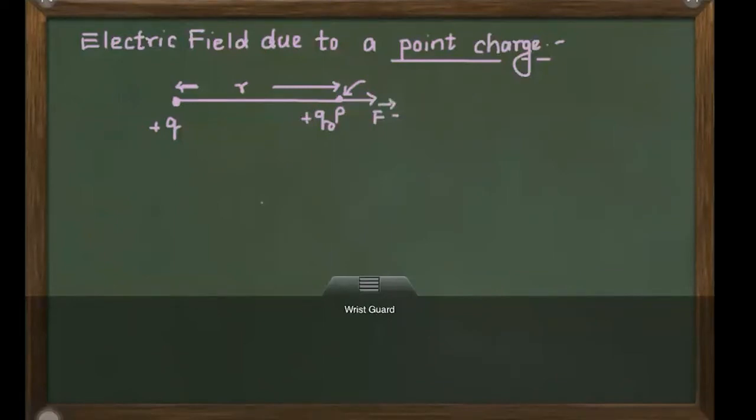So the value of F can be calculated as 1 by 4 pi epsilon naught Q Q naught by R square. This is by Coulomb's law.